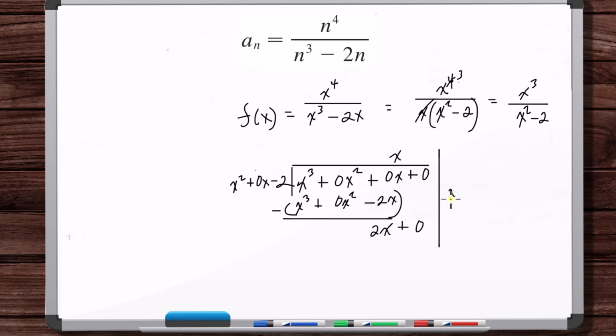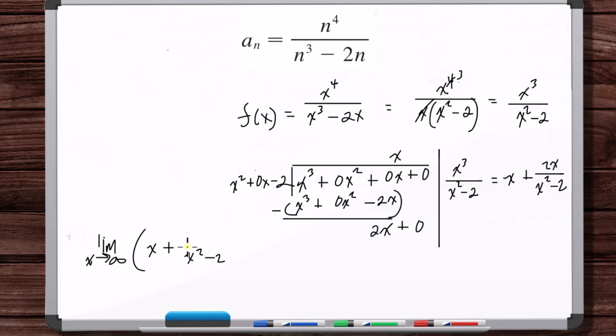So this is equal to x plus 2x over x squared minus 2. So that's what we want to take the limit of: the limit as x goes to infinity of x plus 2x over x squared minus 2.